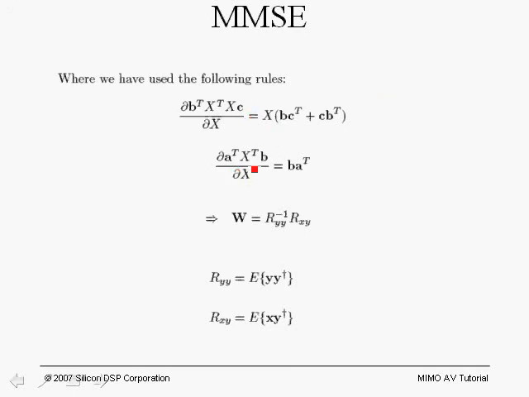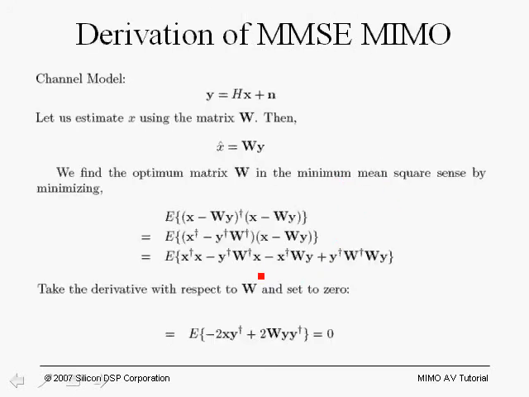And where we only have X transpose with the constants, A transpose X transpose B, we get the expression here. So if you use these identities and go back and take the derivative with respect to W, then we get this expression here.